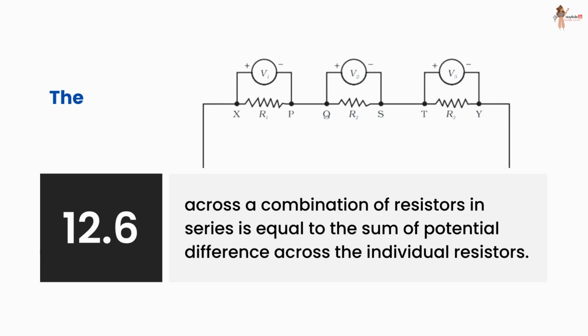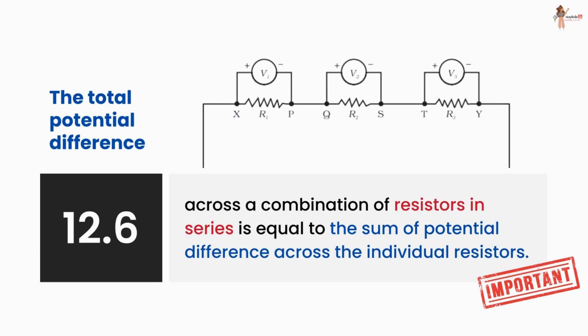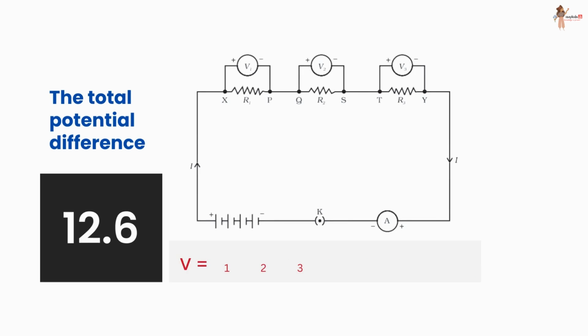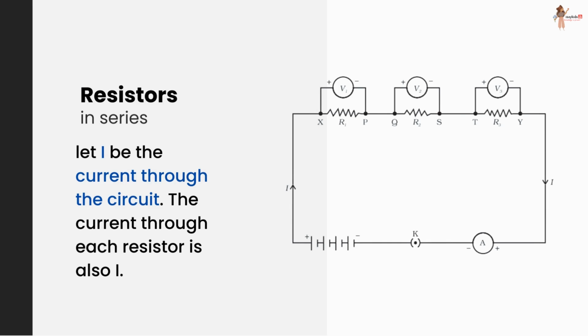On the other hand, the total potential difference across a combination of resistors in series is equal to the sum of potential difference across the individual resistors. That is, V is equal to V1 plus V2 plus V3. Let I be the current through the circuit. The current through each resistor is also I.